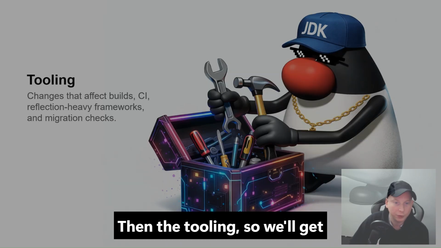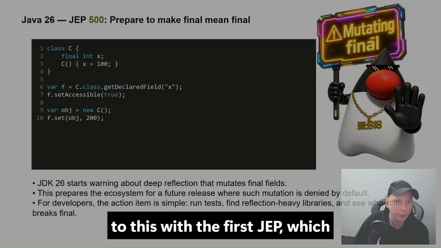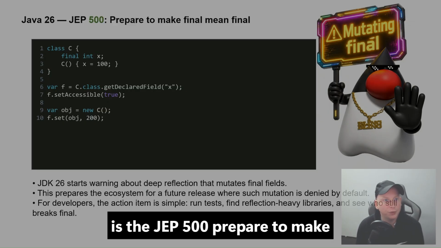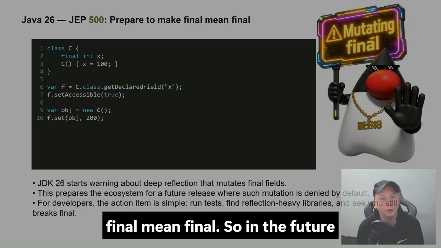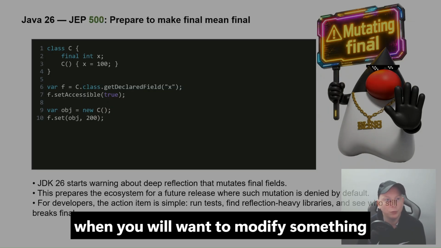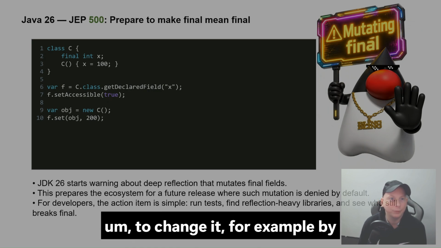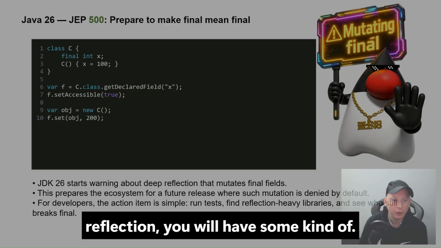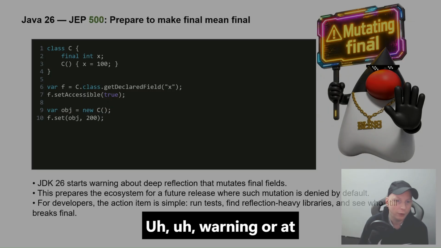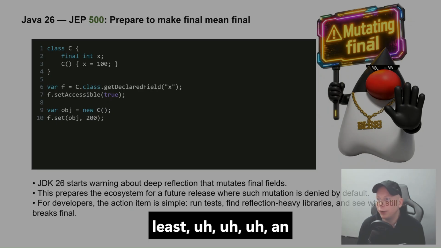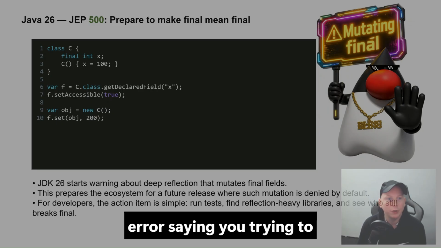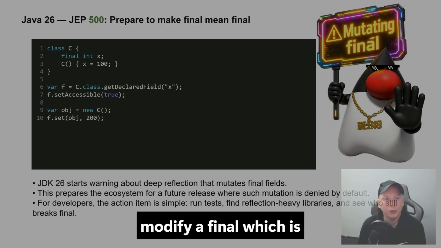Then the tooling. We'll get to this with the first JEP, which is JEP 500, prepare to make final mean final. So in the future, when you want to modify something that is final and change it, for example by reflection, you will have some kind of warning, or at least an error saying you're trying to modify a final, which is not normally accepted.